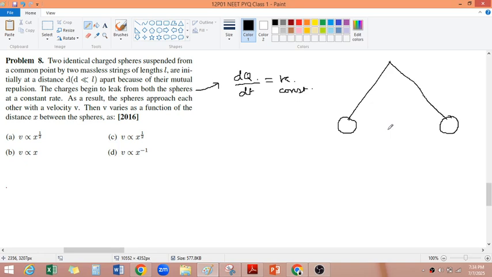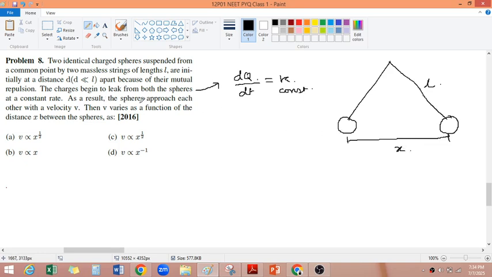So initially there is some repulsion, but after that I think so. This is your x distance, right? This is your L. So dx by dt is your velocity.